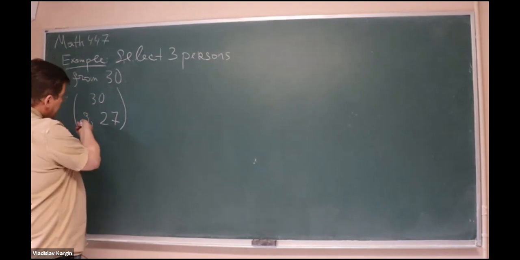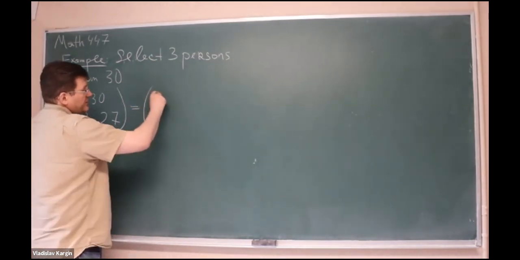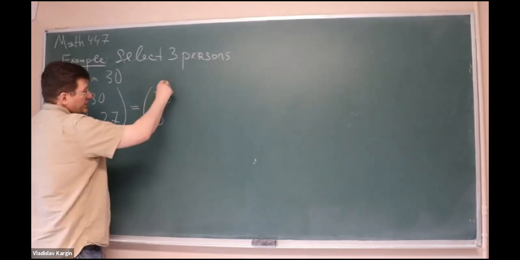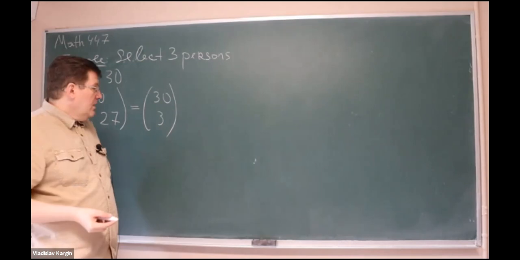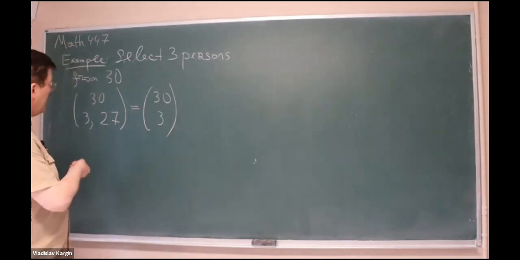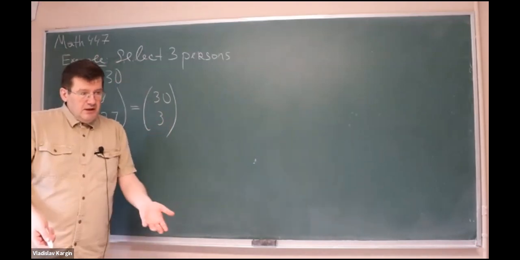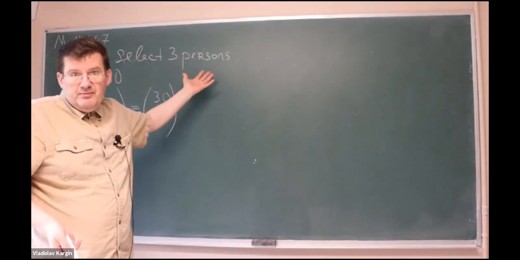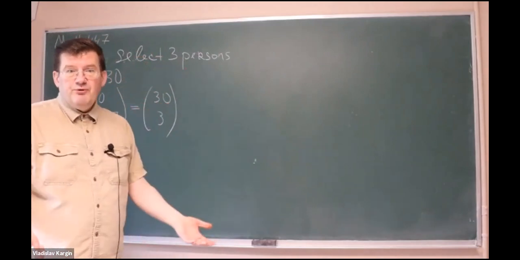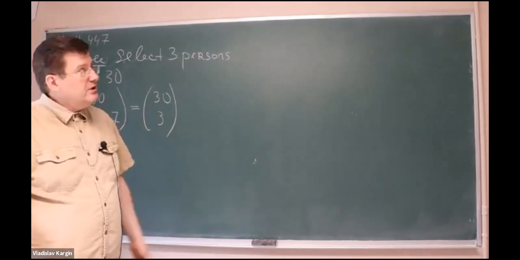But for this coefficient, there is a special name, which is kind of this 30 and 3, just without mentioning this 27. Right? And this is a very common problem. So select some subset of people, right? So kind of a subset of objects. And the answer is given by this thing.